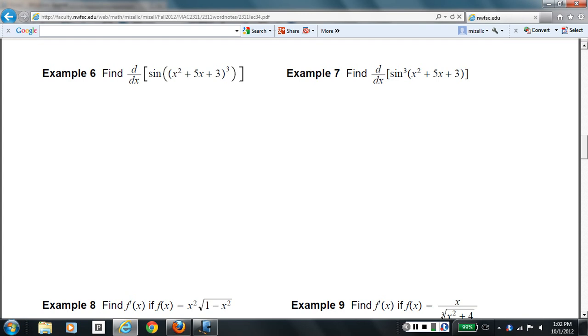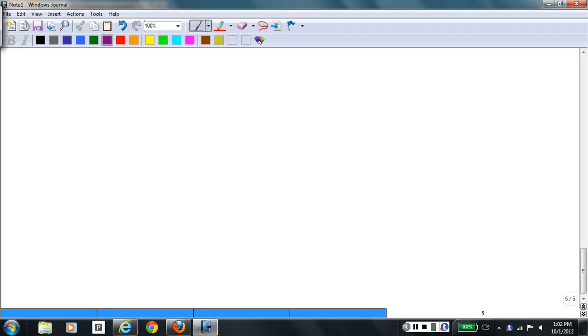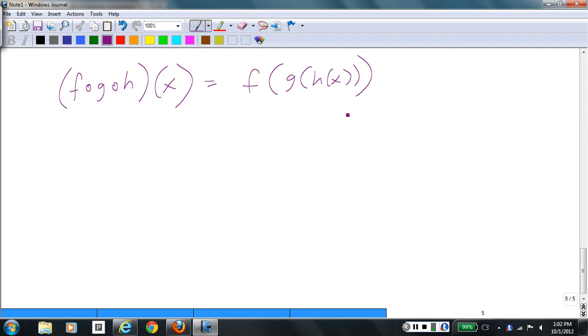When you studied composition of functions, you know that, well, let's see how to do this. I'm trying to think of what would be f composed with g composed with h of x is equal to f of g of h of x. So there's something kind of like that going on with these next two examples.